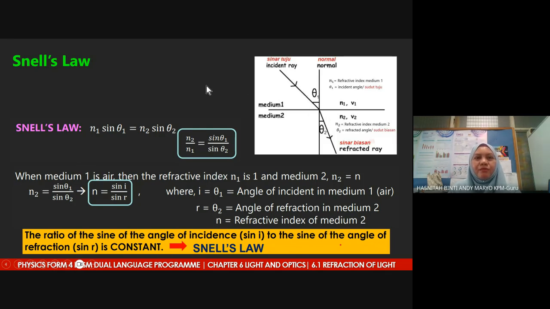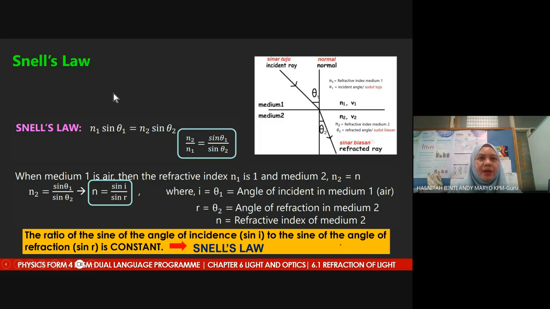We have two media: medium 1, where the incident ray is, and medium 2, where the refracted ray is produced. n1 is the refractive index of the first medium, v1 is the speed of light in the first medium, n2 is the refractive index of the second medium, and v2 is the speed of light in the second medium. Theta 1 is the angle of incidence, theta 2 is the angle of refraction.